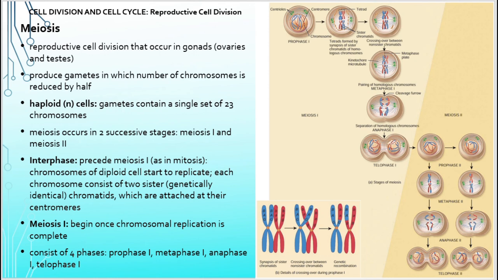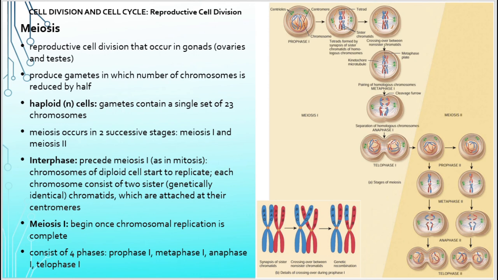During the interphase that precedes meiosis 1, the chromosomes of the diploid cell start to replicate. As a result of this replication, each chromosome consists of two sister or genetically identical chromatids, which are attached at their centromeres. This replication of chromosomes is similar to the one that precedes mitosis and somatic cell division.